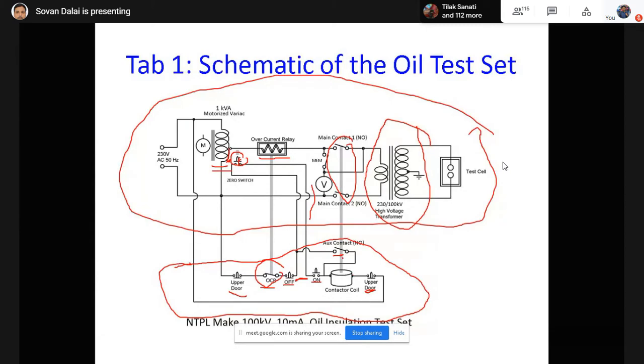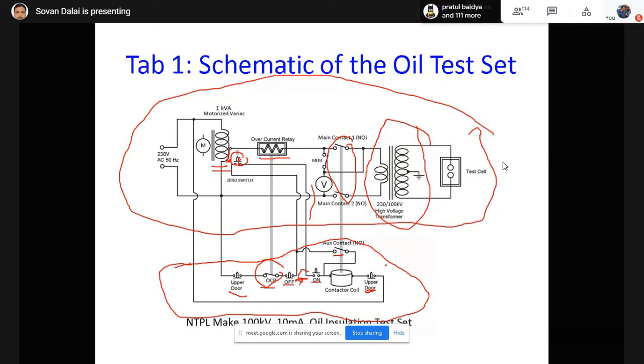When one of the contacts is closed, all the contacts are closed, and the remaining two contacts are present in the power circuit, so they automatically close. Now for increasing the voltage, you have to change the position of the variac from zero, and this path also opens. So this path and the on switch path will be bypassed through the auxiliary contact. In that way, you can perform the experiment.